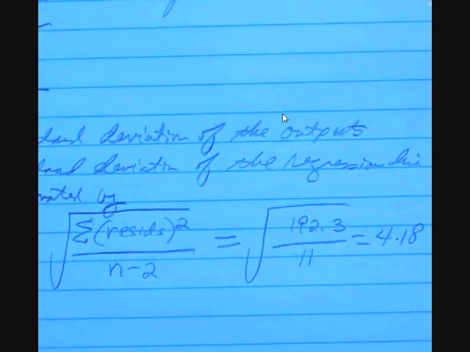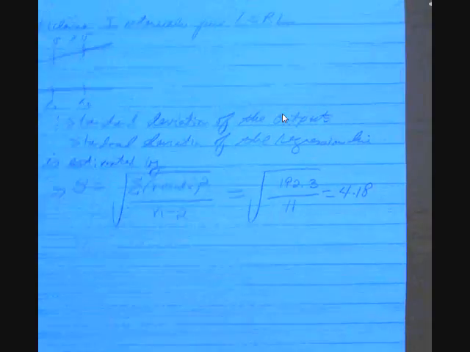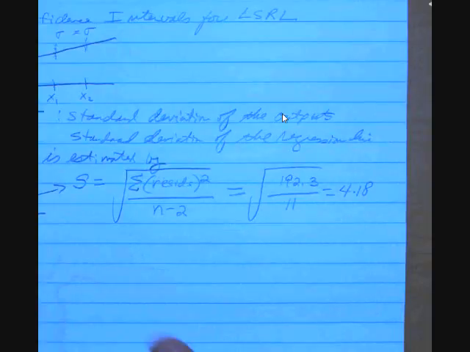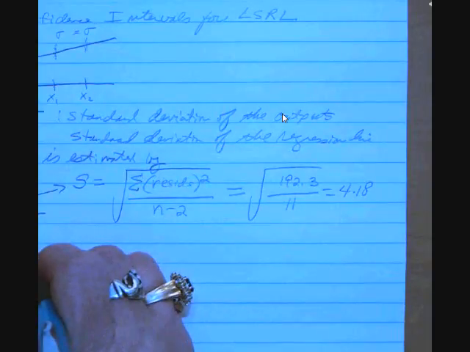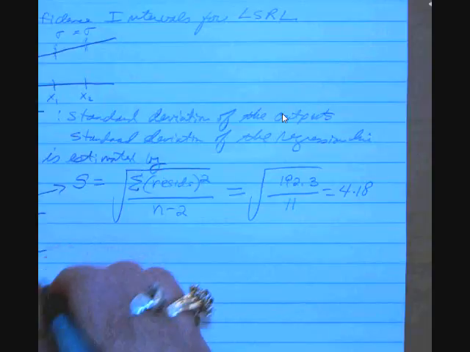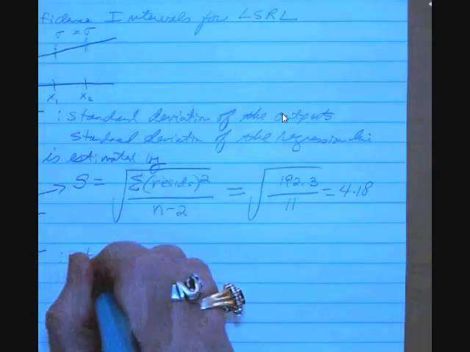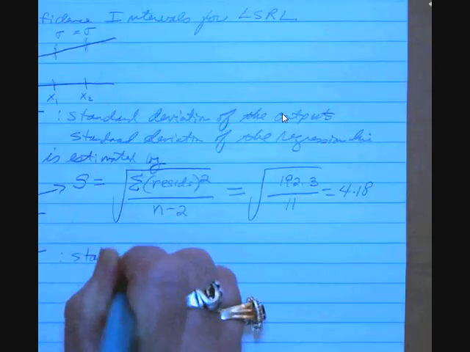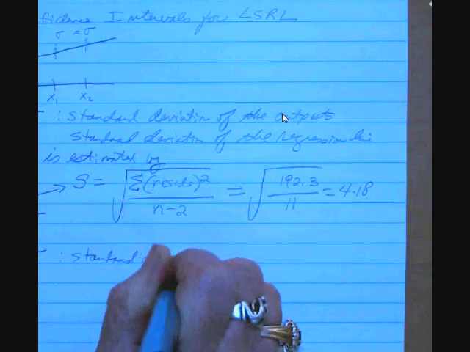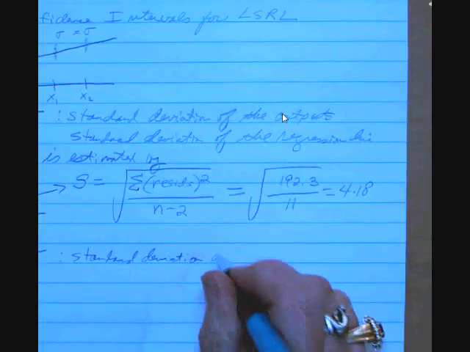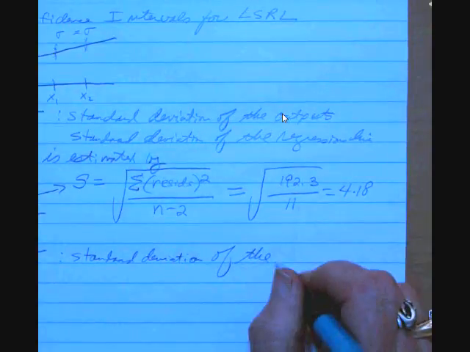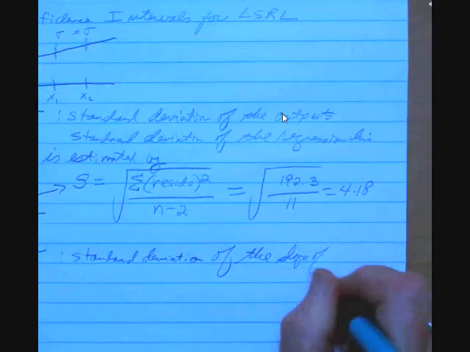Next, I have another standard deviation. I don't have enough room to write if I leave it zoomed out. All right. My other standard deviation I'm going to talk about is the standard deviation of the slope of the regression line.